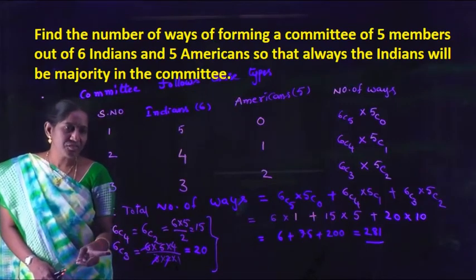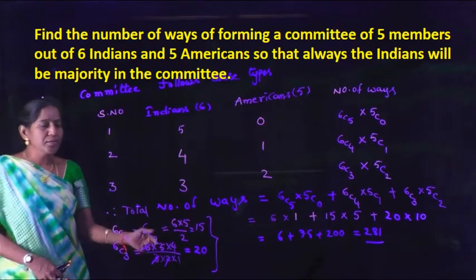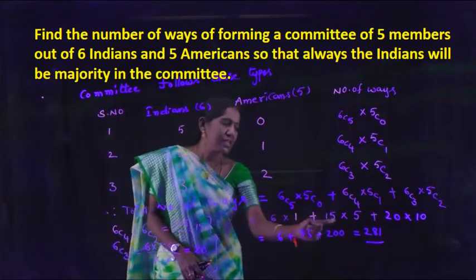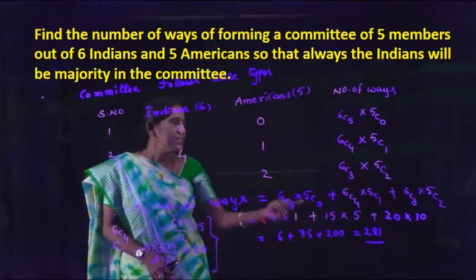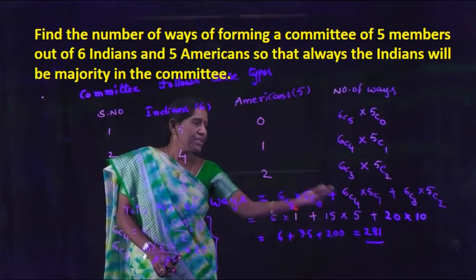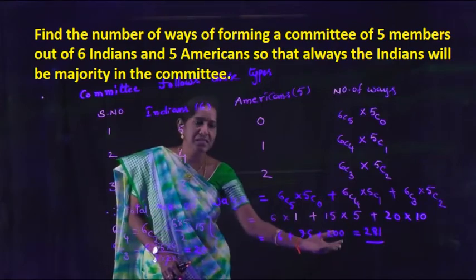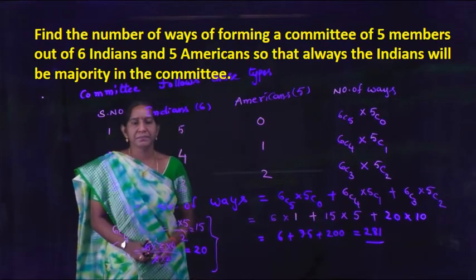And value of 6C3, 6 into 5 into 4 by 3 into 2 into 1, that value is 20. So put the values: 6C5 into 5C0 is 6, plus 6C4 is 15 into 5C1 is 5, plus 6C3 is 20 into 5C2 is 10. Then it is 6 plus 75 plus 200. Then we get 281.